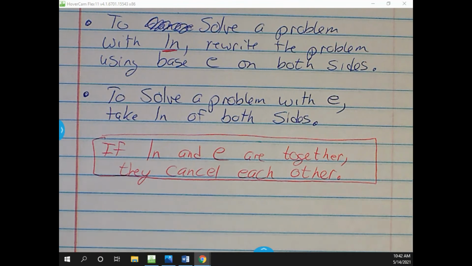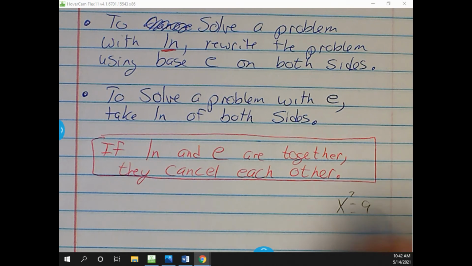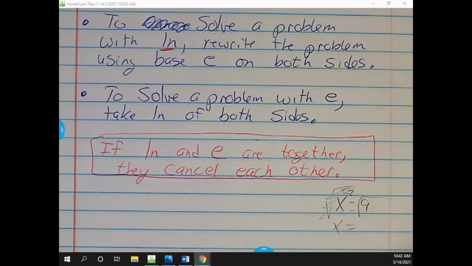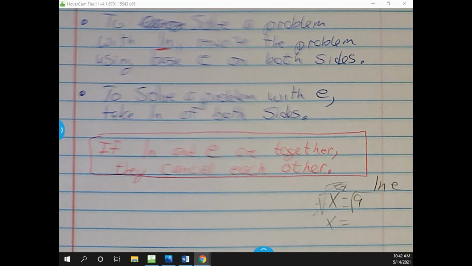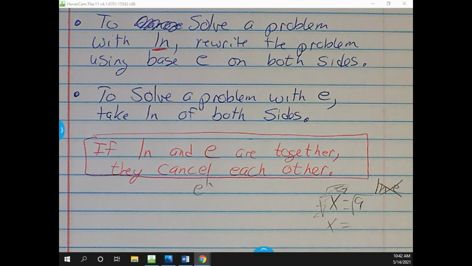It's just like when we're doing squares and square roots. You don't have to write this down, but if we had x squared equals 9, to solve this one we would square root both sides. If we can get a square root and a square together, they knock each other out and we get x equals whatever. Same thing with this one. If we can get ln and e together, they're going to knock each other out.